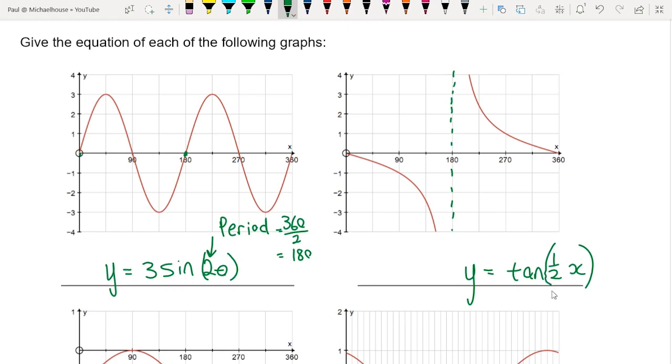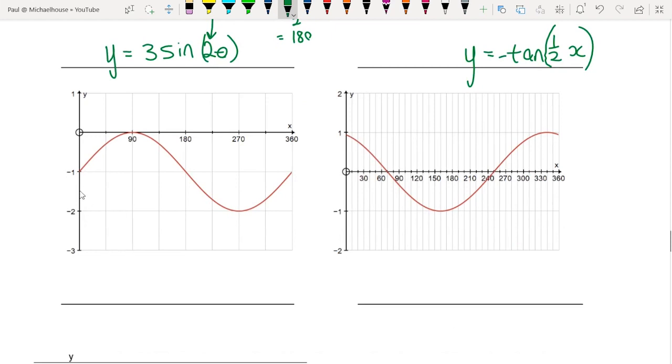Tan of a half x would actually, if we put 90 in for x, we would get half of 90, we get 45. So at 90, we would expect tan half x to be at 1. It's at minus 1. And so in fact, what we've got here is we've got a minus 1 in the front. It hasn't been shifted, but it has been reflected over the x-axis.